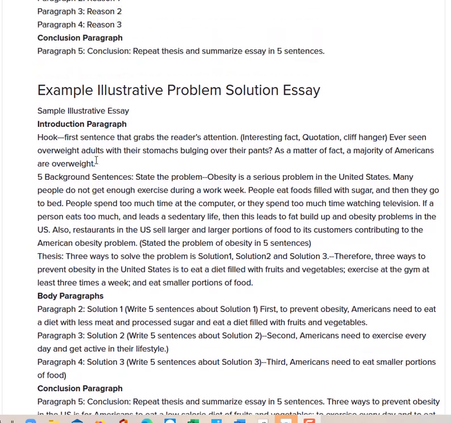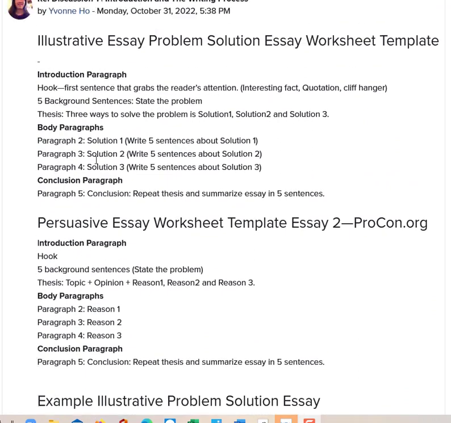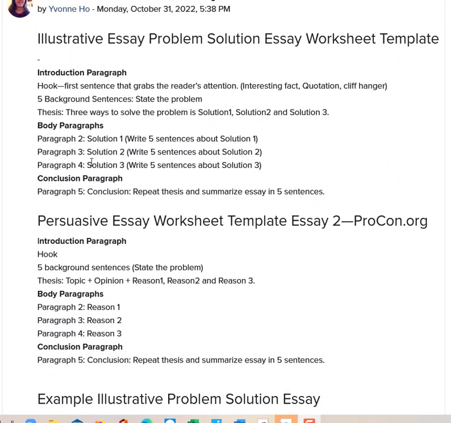One last thing before I end this. When you have your illustrative essay, that's week 1, week 3, week 5. Those are the 3 weeks you're going to be doing the illustrative essay. Then for the persuasive essay, you're going to be doing it week 4, week 6, week 8.